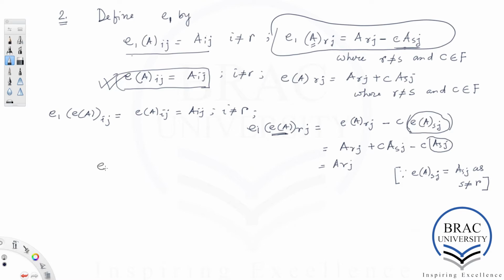So we again have seen that E1 of E of A is equal to A. And one can go on to prove that E of E1 of A is equal to A for this second type of elementary row operation.